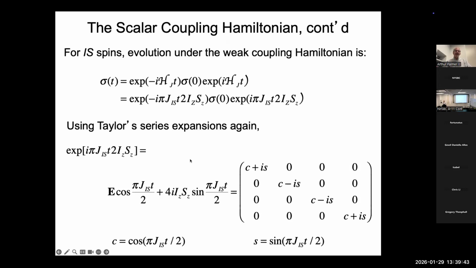So then, in the rotating frame, we're in business. Here, the J couplings are independent of time. So evolution of the J couplings is given right away by our simple formula, where we plug in the expression for the Hamiltonian, and we have our starting density operator and our final density operator.